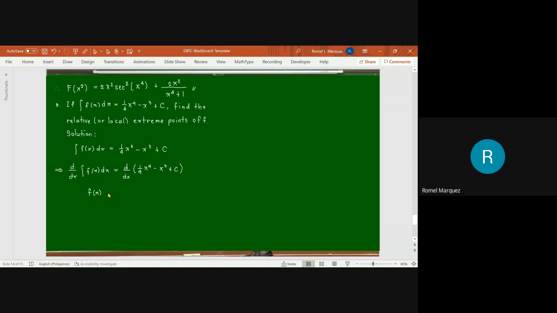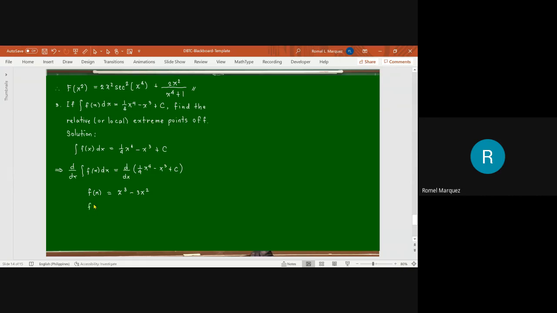Derivative of c, 0. Then from here, after getting the function, get the first derivative. So getting the first derivative, we have 3x squared minus 6x. Is that right?